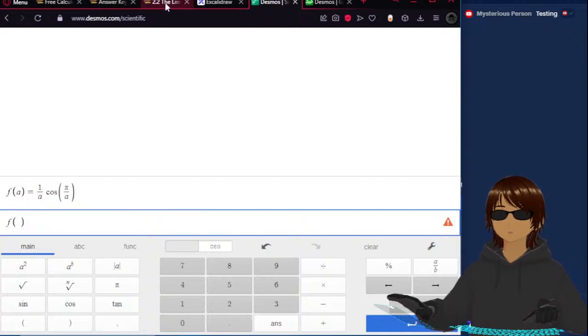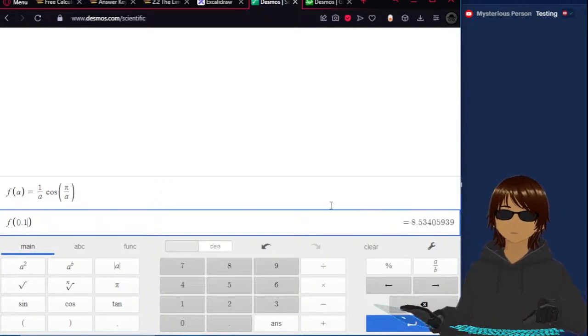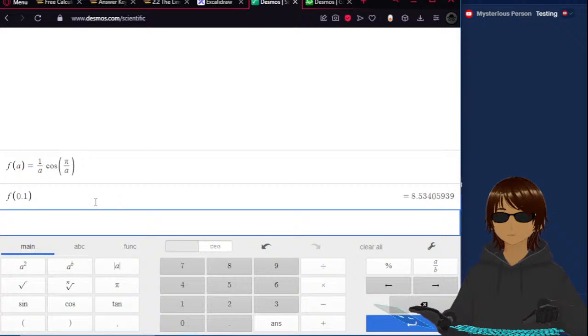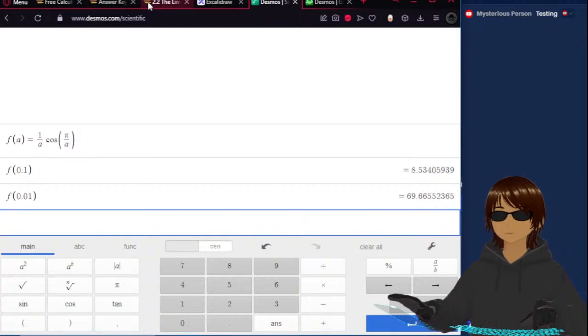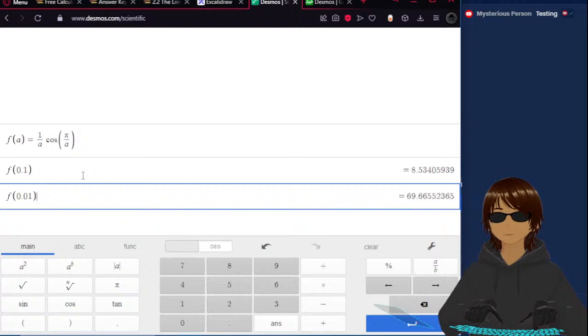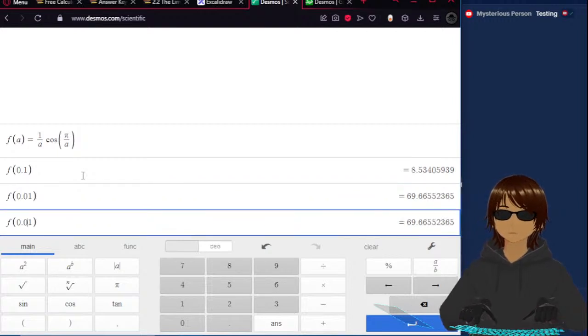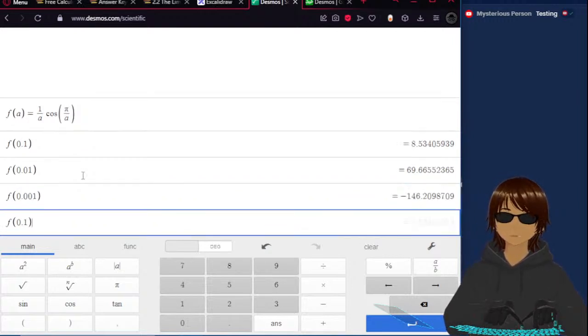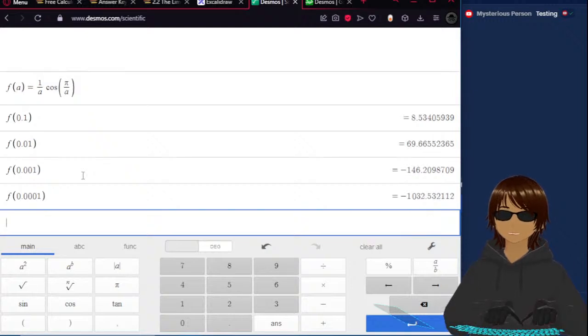F of 0.1, 8.5. Okay, it's not reaching a fixed value.